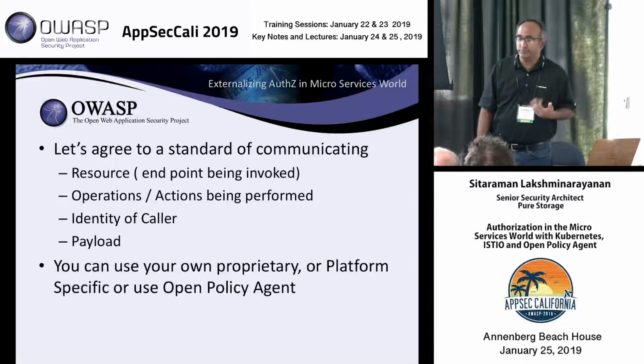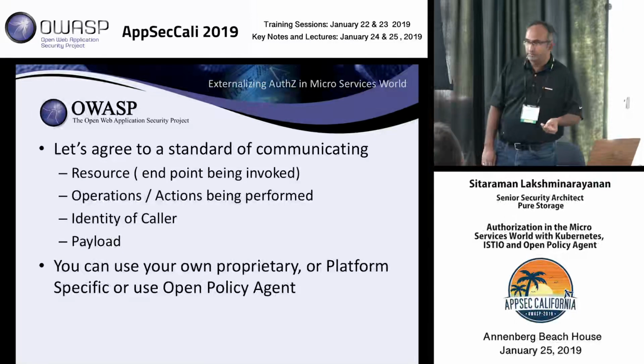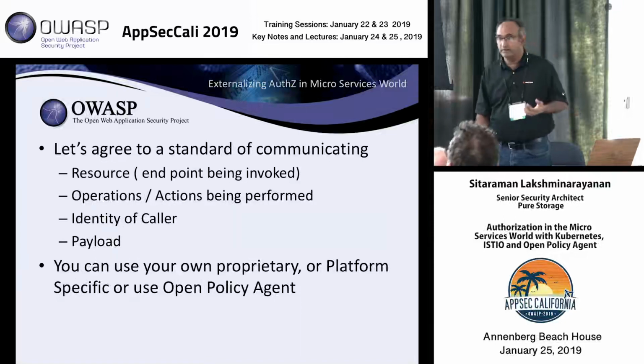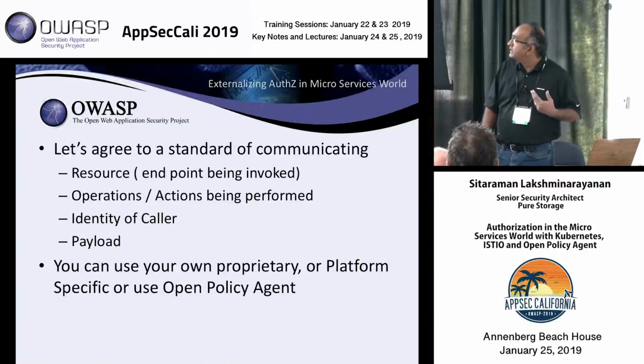I'm using the word resource because later on we will talk about how Open Policy Agent applies not just for APIs, it's for everything else you want. So a resource can be an API endpoint. The operations or actions, whether you're doing a command list on a host or a GET or POST on an API. The identity of the caller and the payload.